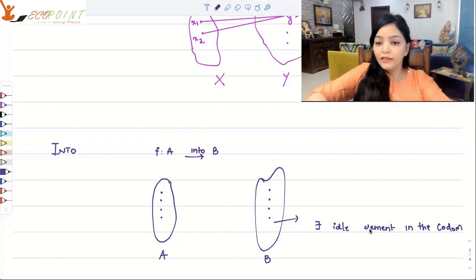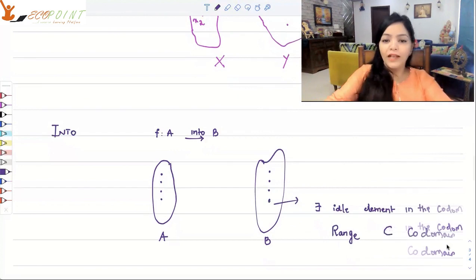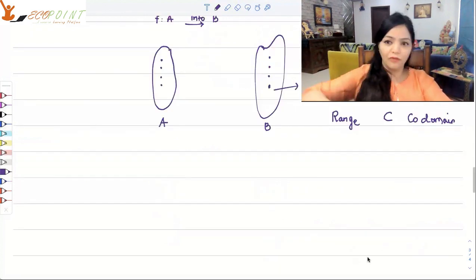That idle element means an element for which there is no pre-image, at least one element for which there is no pre-image available in the domain, which would mean that the range is a proper subset of the codomain. So when you have to prove that a function is into, you actually just have to prove that the function is not onto.